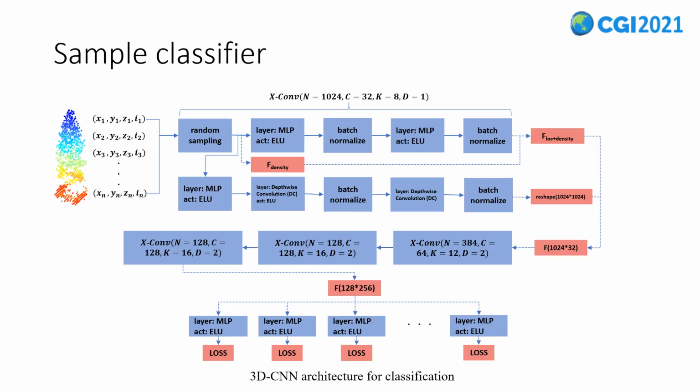In this slide, we can see the figure. It is our 3D CNN architecture for classification, based on PointCNN.